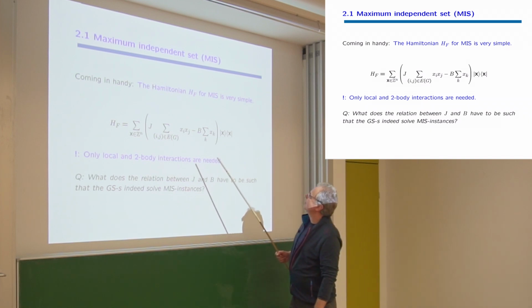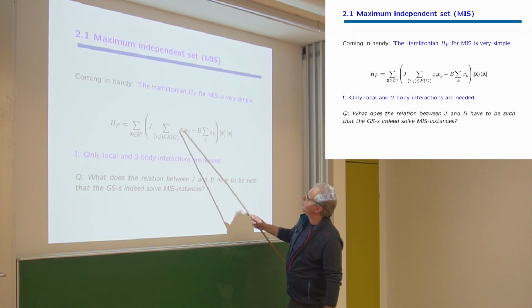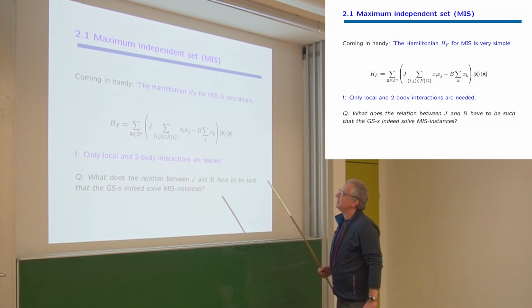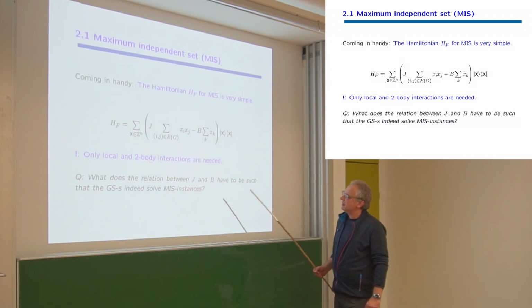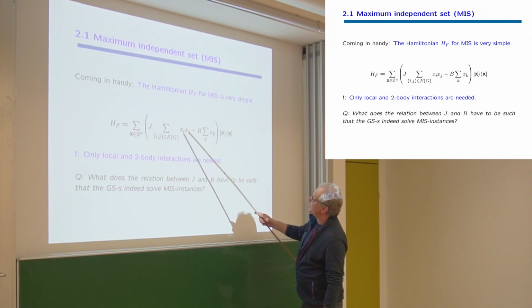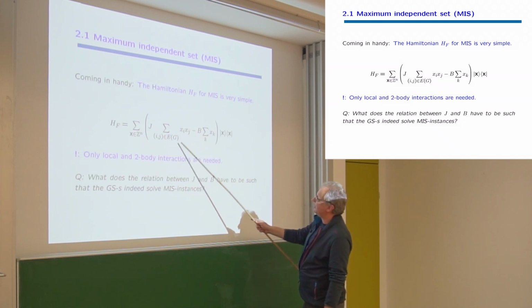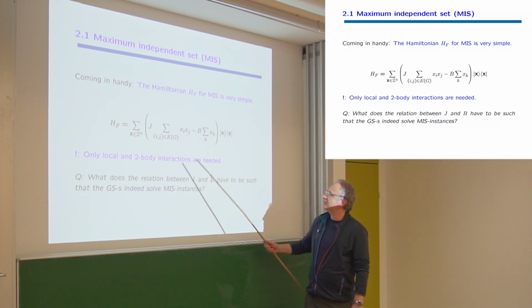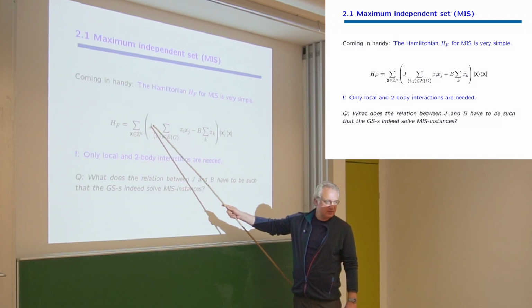Now you check: if x_i and x_j are both 1, then they get an energy penalty if (i, j) is an edge. This relates to the independence condition. We don't want this to occur, because if they are both 1 and this is an edge, then it's not an independent set. So this is penalized with a certain amount of energy.